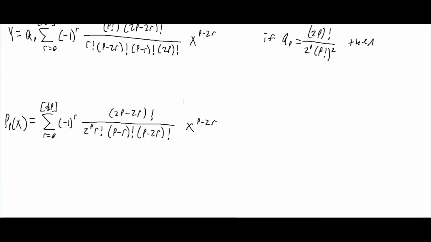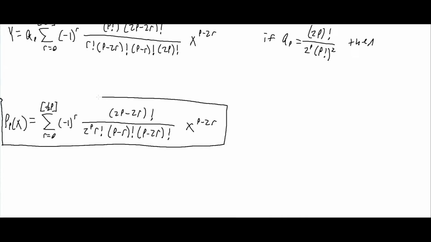Okay, so that was a lot of sort of moving symbols around. So we ended up getting this, which is what we use to sort of generate our Legendre polynomials.